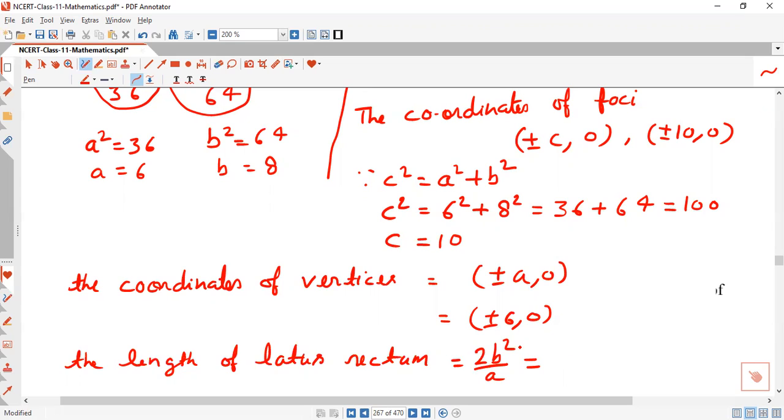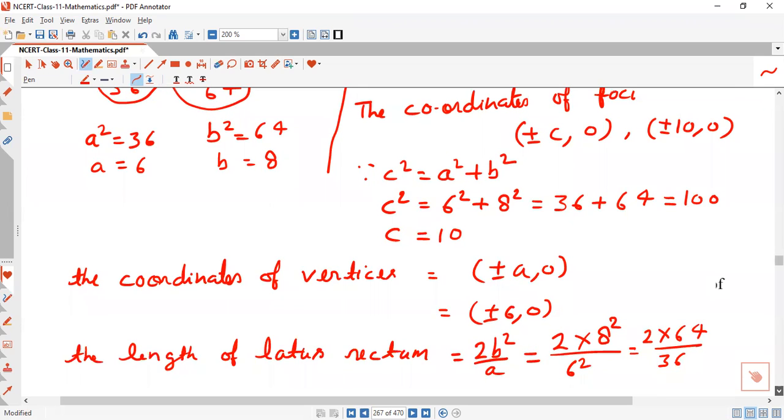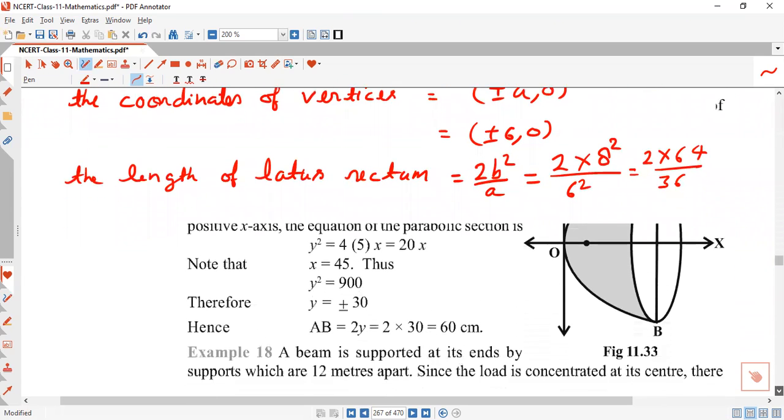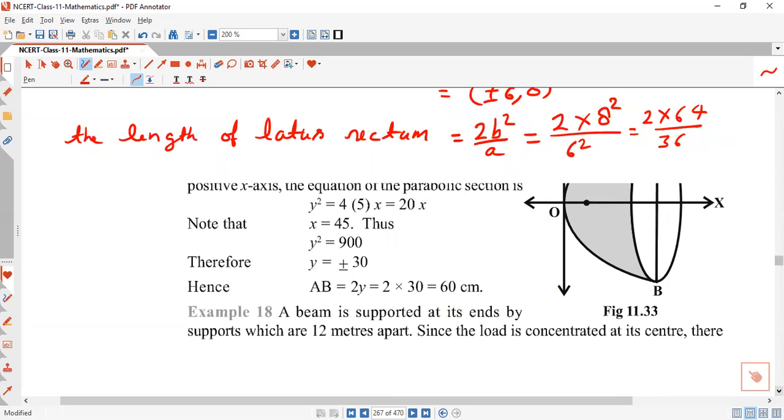We have the same formula for all the standard equations. b comes out 8, 8 square, a is 6. So it comes out 2 into 64 upon 36. If we cut some values, simplify this part.